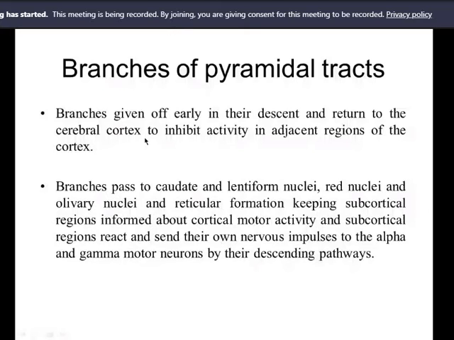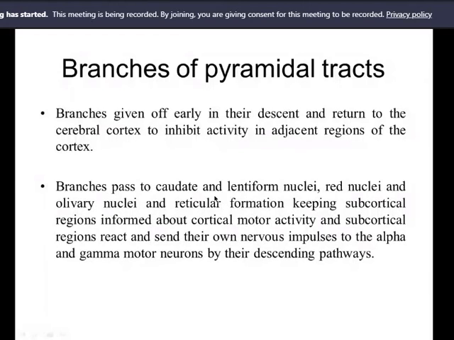Number 2, branches pass to the caudate nucleus, lentiform nucleus, the red nucleus, from where the rubrospinal tract appears, the olivary nucleus, from where the olivospinal tract appears, and the reticular formation, from where the reticulospinal tract appears.